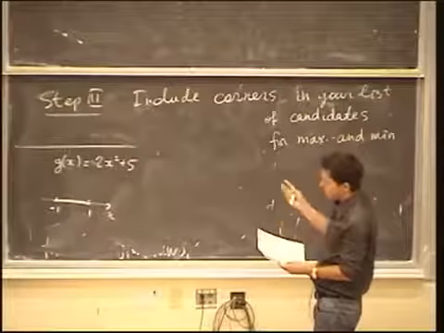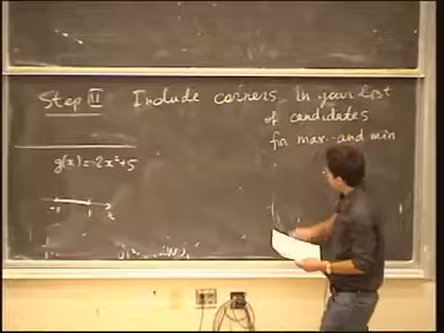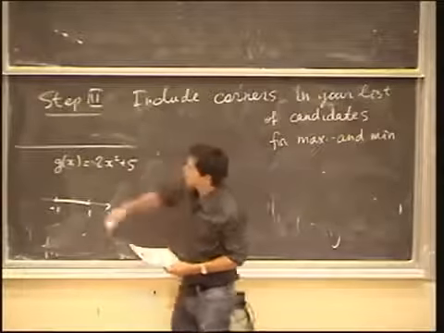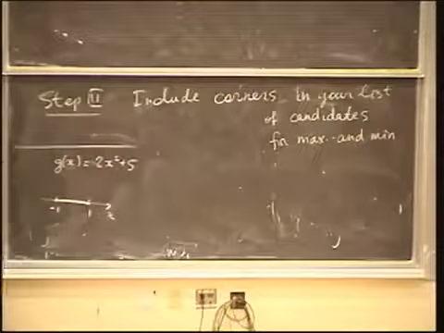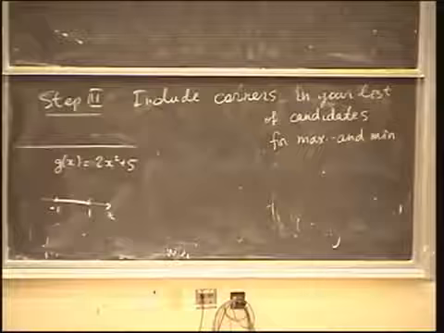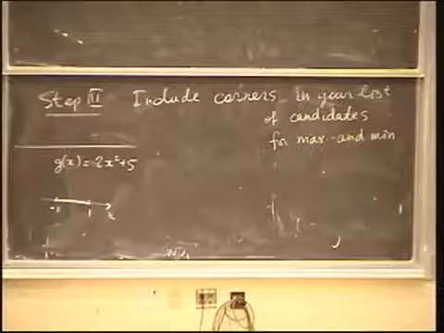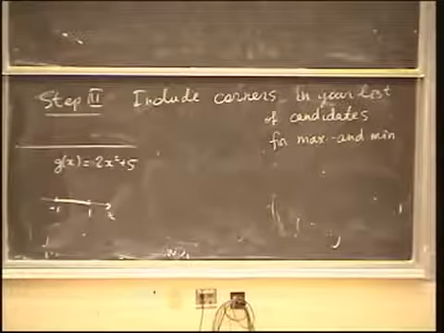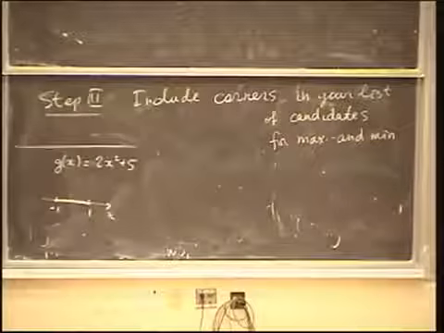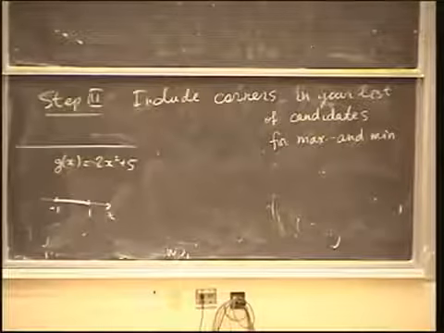You have quite a few. I'm not sure I should actually write them down, but you'll have some points where the partial derivatives will vanish in the interior. There will be some points in the interior of those segments where the derivative vanishes. And finally, there will be the corners.